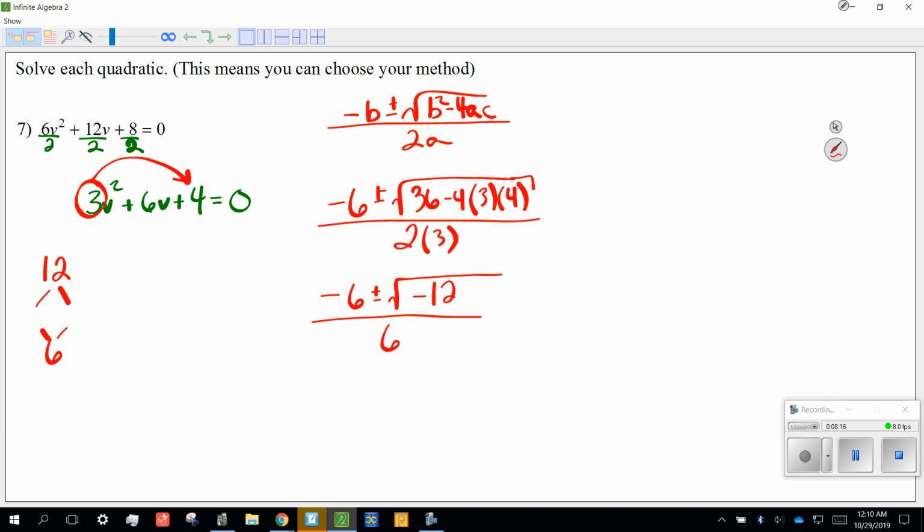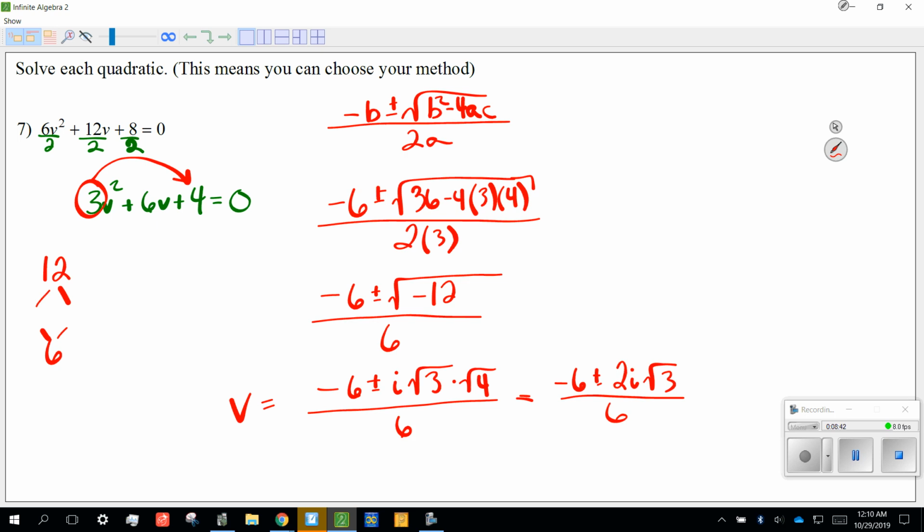Alright, so I can see clearly now that I'm going to have an i. And then the square root of 12, well, I can break that up into the square root of 3 and the square root of 4 all over 6 still. Okay, and so I've got negative 6 plus or minus, square root of 4 is 2i times the square root of 3 over 6.